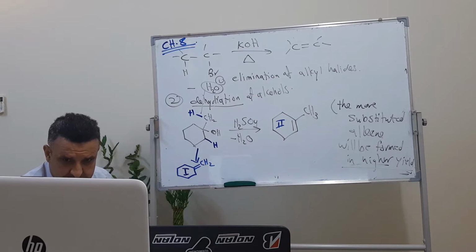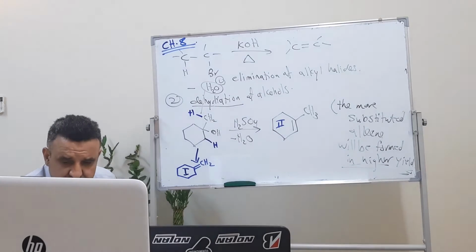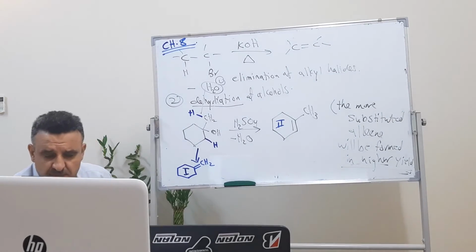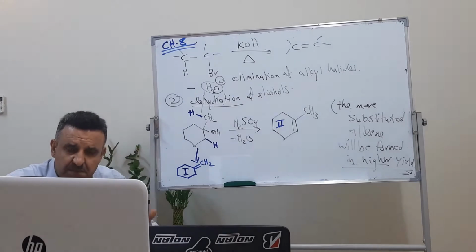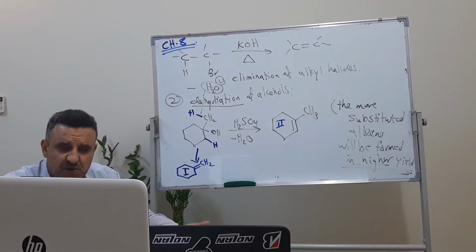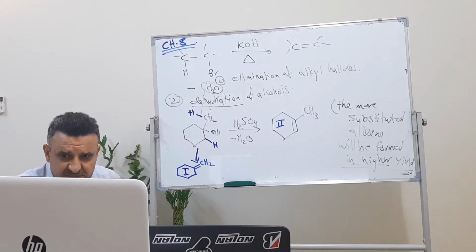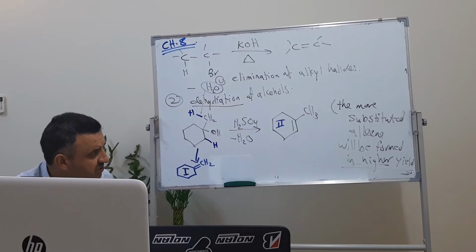Anyone? Why number 1, Hajar, why is number 1 more substituted? What does it mean, actually, more substituted? We refer to more substituted as simply the number of alkyl groups, which are carbon atoms attached to the carbon double bond carbon system. Which one is more substituted, structure number 1 or 2?